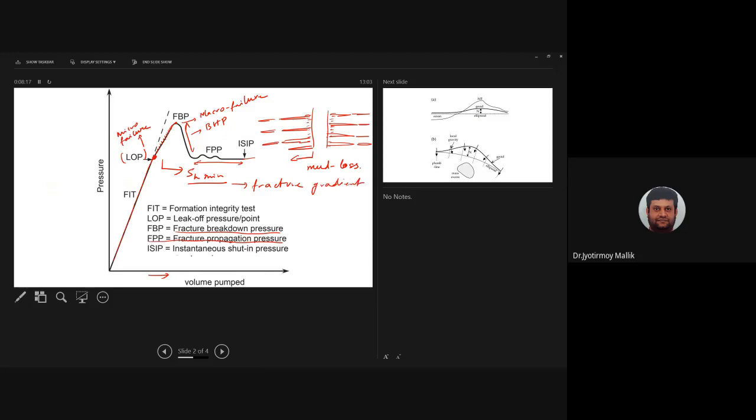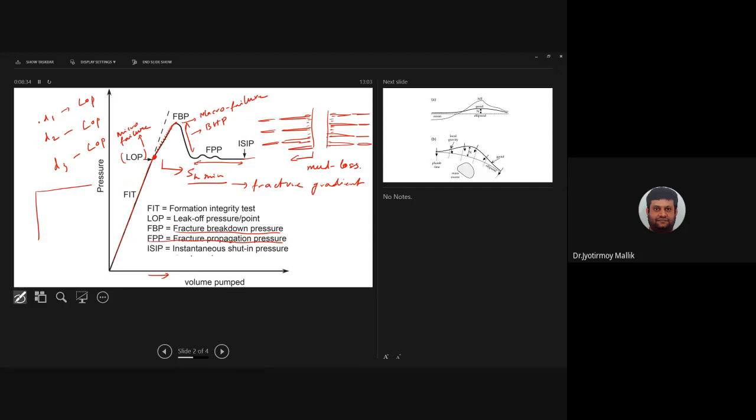So if I do that test, say at D1, and I measure this LOP at D2, I again measure the LOP at D3, I measure my LOPs, okay?